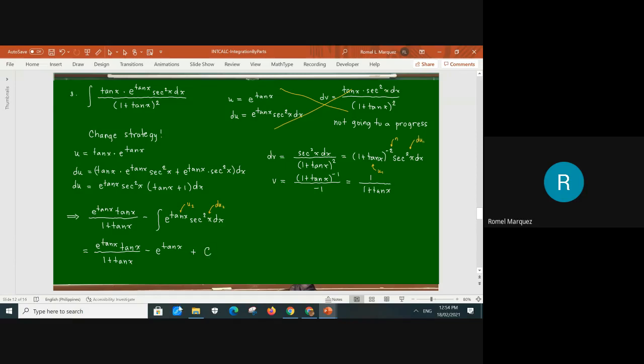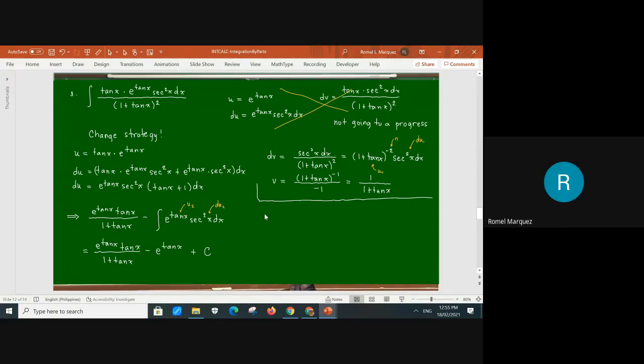Okay, guys? Let's see if we can still make the answer simpler. If I combine, I will get e raised to the tangent x.